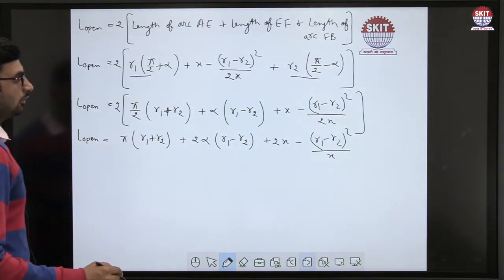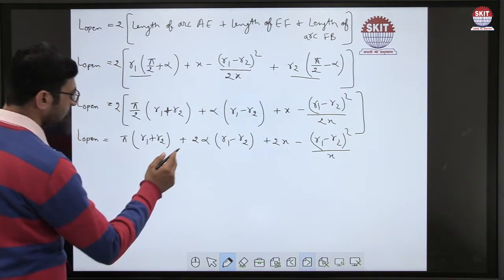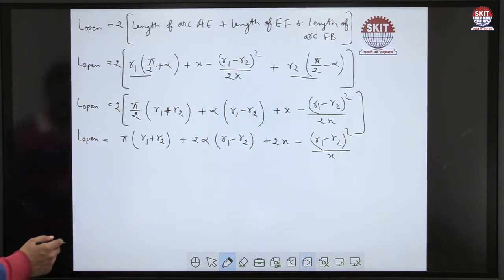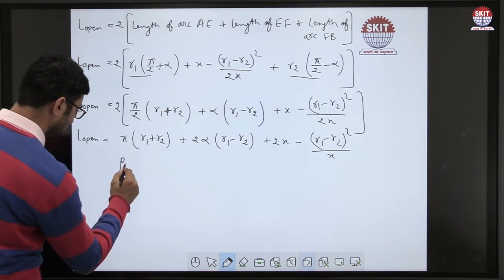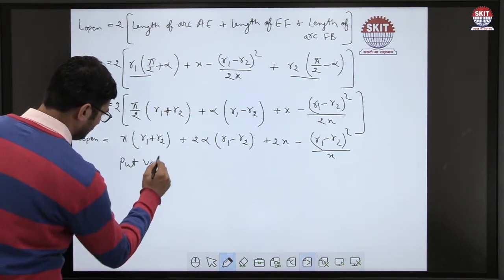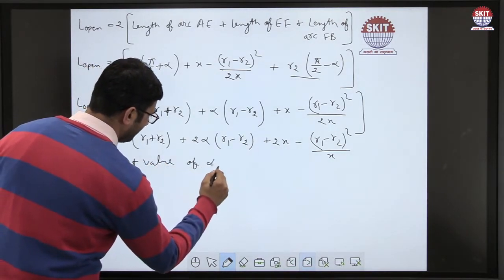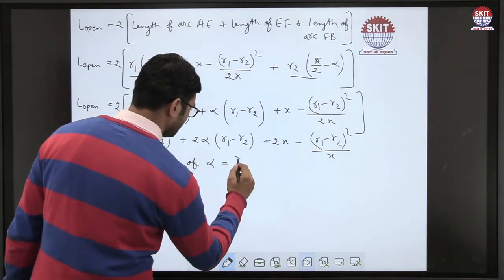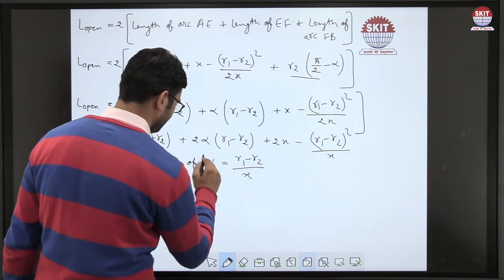Now we put the value of alpha, and the value of alpha is equal to R1 minus R2 upon x.